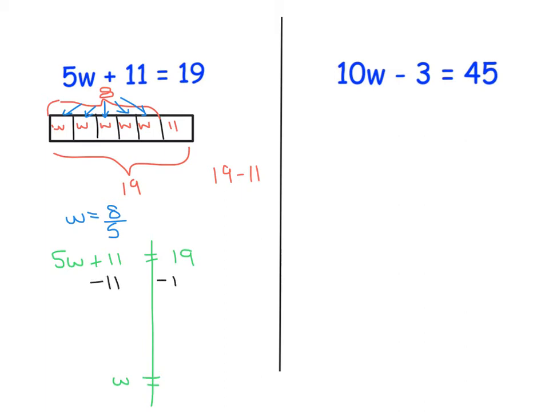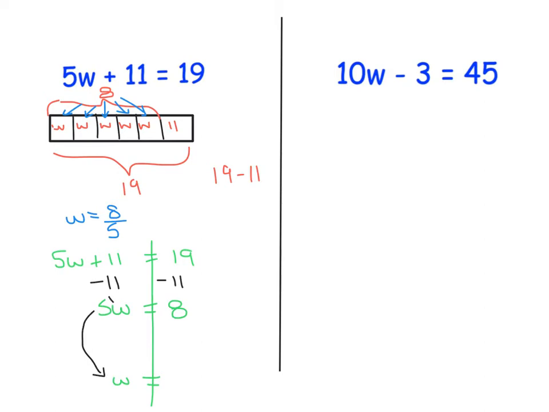And what you'll notice is that's what we did when we were bar modelling. We did that take away 11. So if I take away 11 from both sides, I end up with 5w is equal to 19 take away 11 is 8. I then need to get from 5w to just w.